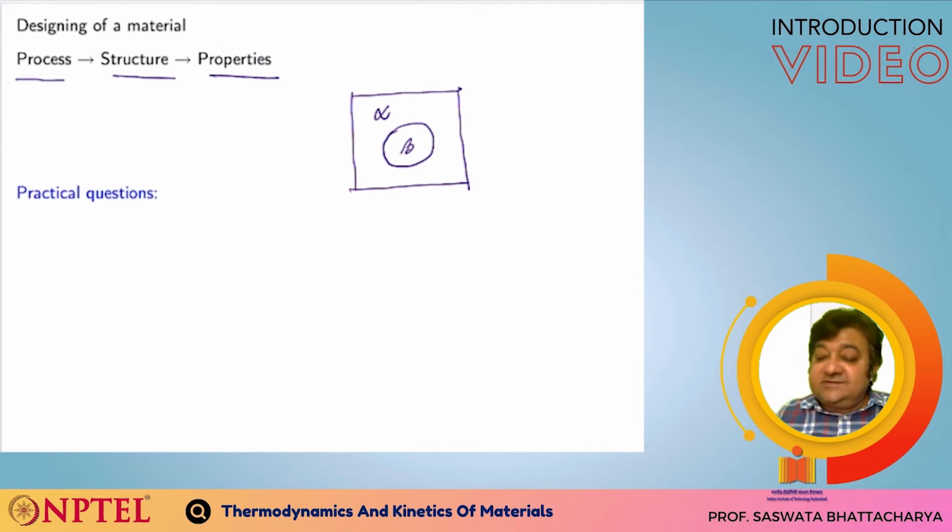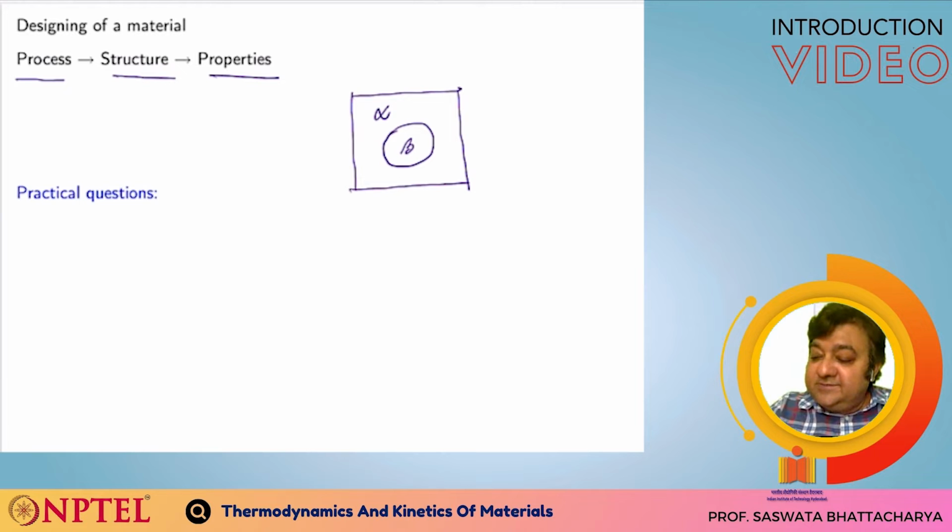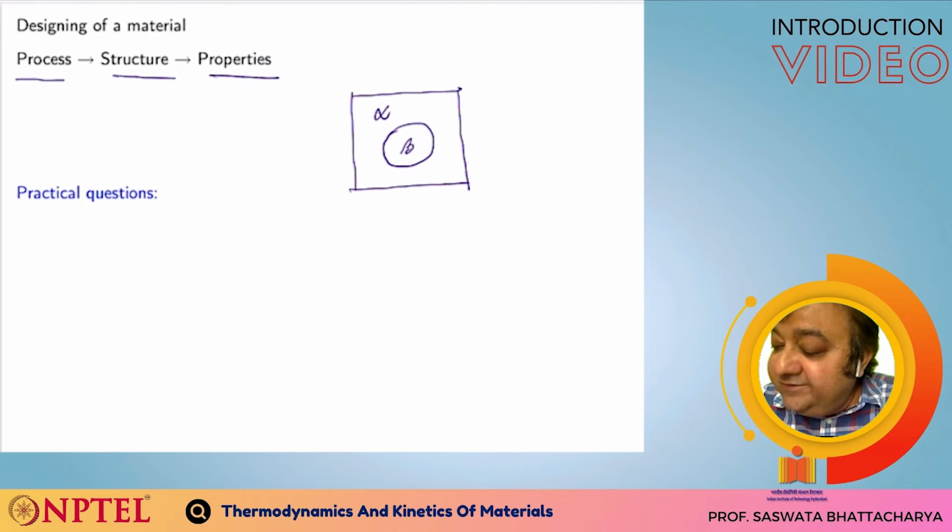you see there is an interface. So thermodynamics basically rationalizes how to describe this microstructure in terms of equilibrium phases like beta phase and alpha phase, and also how the phases are distributed in this microstructure, like beta phase appearing as a droplet inside an alpha matrix.